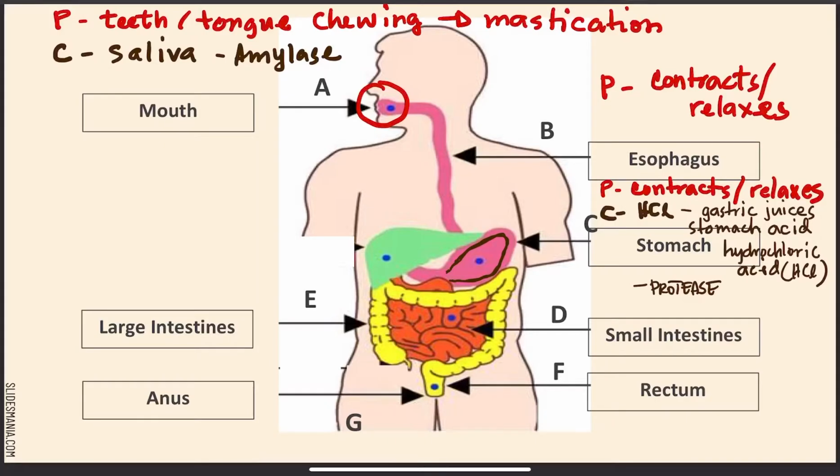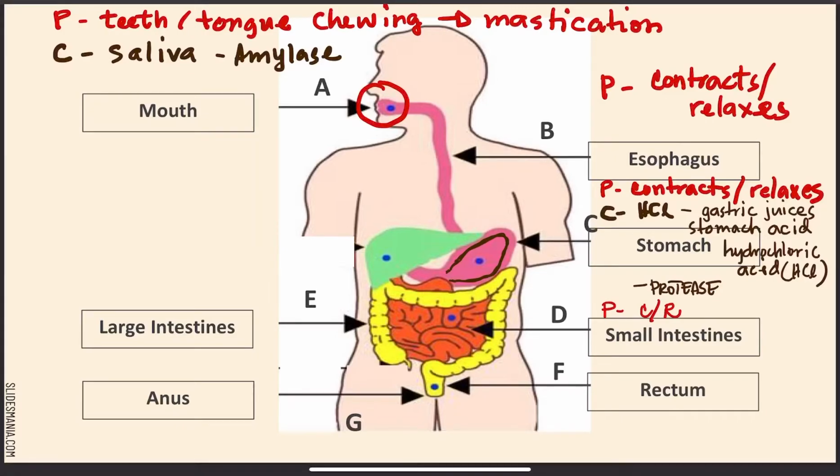Once again, there are two types of digestion happening here. Physical digestion, because your small intestine contracts and relaxes to push the food along, or else it's going to get stuck. We call that contraction and relaxation peristalsis.